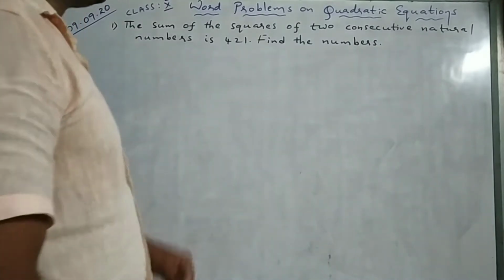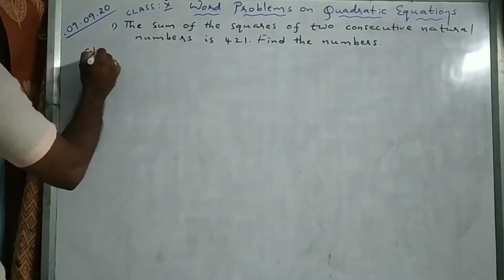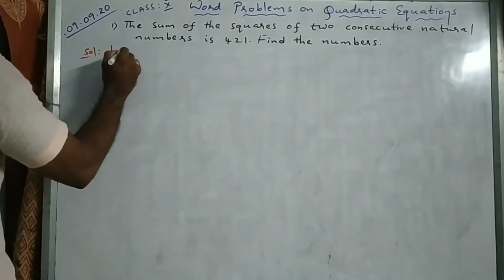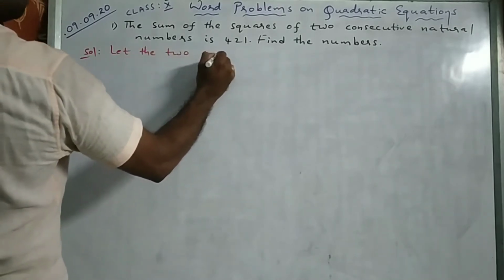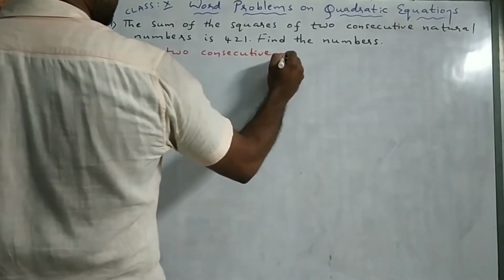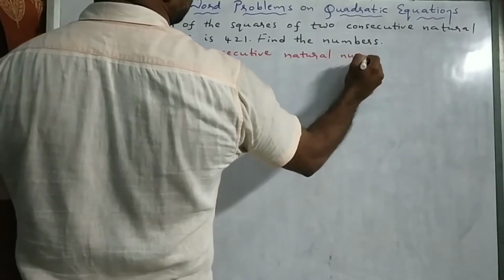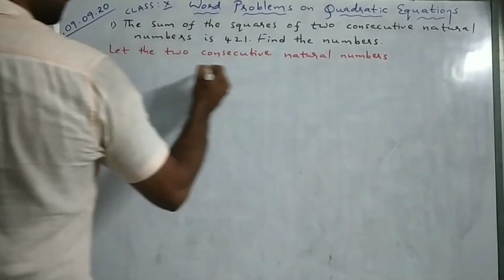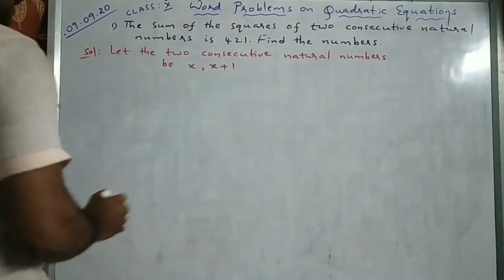Two consecutive natural numbers. Consecutive means, what did I say? Side by side. Let the two consecutive natural numbers be x comma x plus 1.